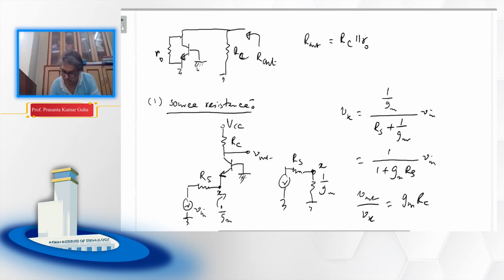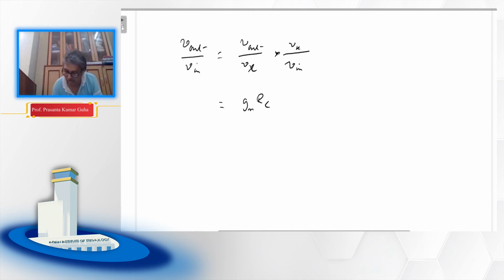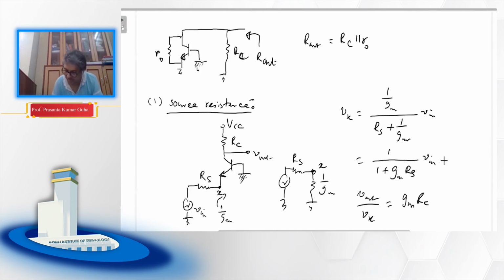I hope you managed to write it down. So that is Vout over Vin, that is Vout over Vx multiplied by Vx over Vin, and Vout over Vx is known to us already, that is GMRC, and Vx over Vin, if I go to the previous page, Vx over Vin is this value.